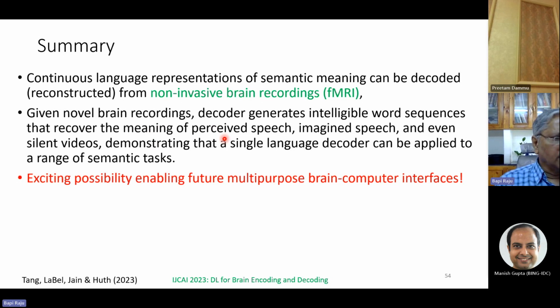So given novel brain recordings, this decoder generates stories, word sequences that are intelligible based on a variety of metrics. We saw BERT score and BLEU and other scores that recover the meaning of the experienced, perceived speech, and there are other tasks that are done. I'm not going through those in the interest of time, but I leave you with this idea of an exciting possibility enabling decoding.